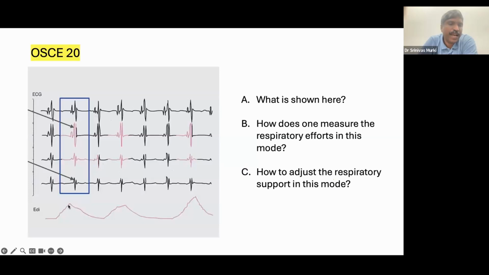Now one measures the eddy current from the electrical activity, and in this there are two eddies: eddy minimum, eddy maximum. So what should you understand about eddy minimum and eddy maximum? If eddy max is increased, what does it mean? Increased diaphragmatic activity, so that means the brain wants more diaphragmatic activity.